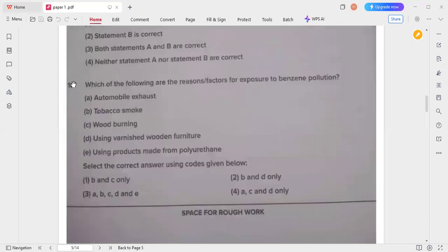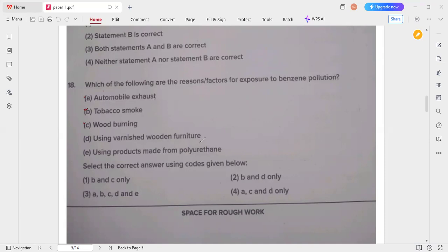Which of the following are the reasons or factors for exposure to benzene pollution? Automobile exhaust, yes. Tobacco smoke, wood burning, using varnished wood for furniture, using products made from polyurethane.